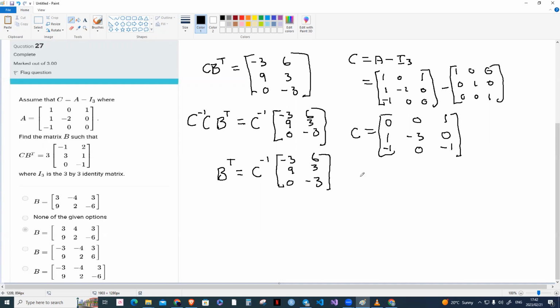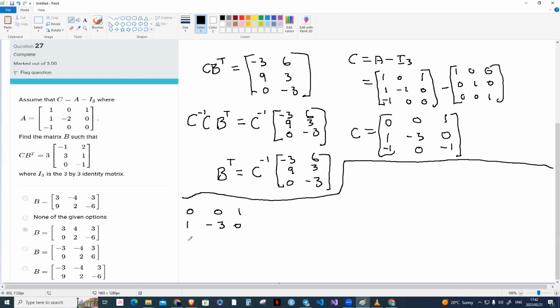That's our C. And now from this, we need to find C inverse. So how do we find C inverse? Let me just find C inverse here. I'm just gonna append the identity matrix to 1, minus 3, 0, minus 1, 0, minus 1, with 0, 0, 1.